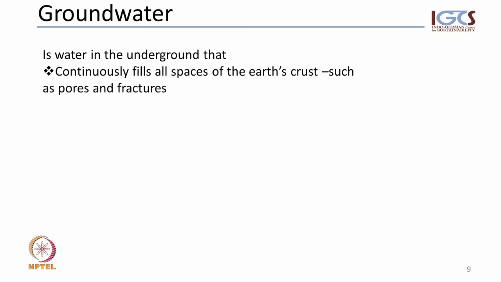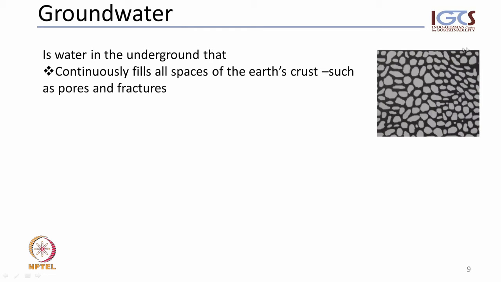What we mean by groundwater is the water stored in the underground, which continuously fills all of the spaces in our Earth's crust. Those spaces could be pores or fractures or vaults. We can envisage it in this way.